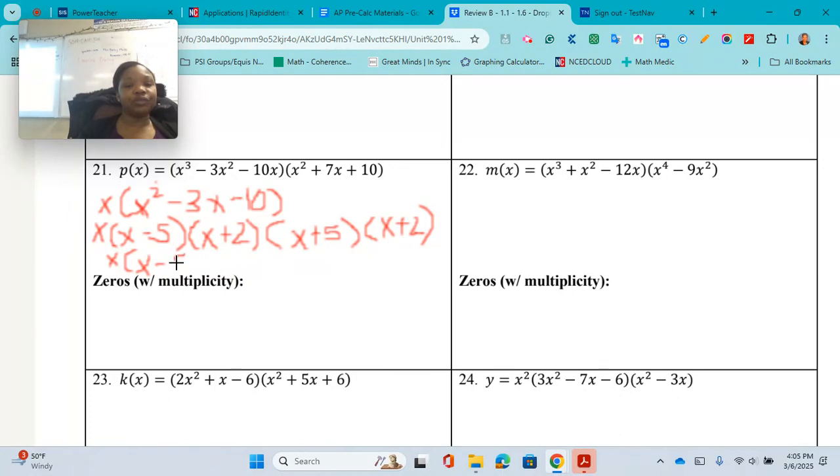X plus 2 squared, because there are 2 of them. All right, and we still have that x plus 5.